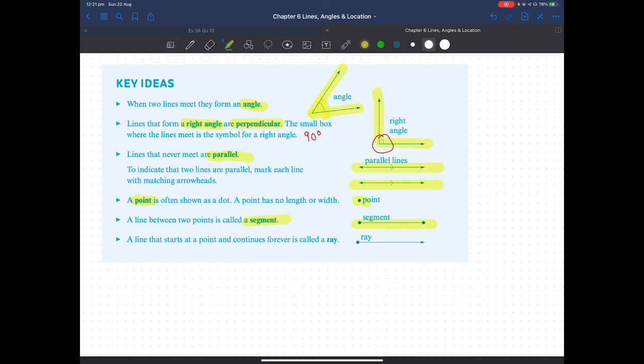Lastly, the word ray. The ray is a line that has a start point and then continues on forever. The forever is shown by the arrow at the end of the line, because of course we can't draw a line that goes on forever.